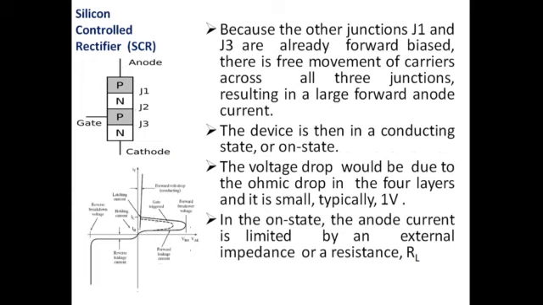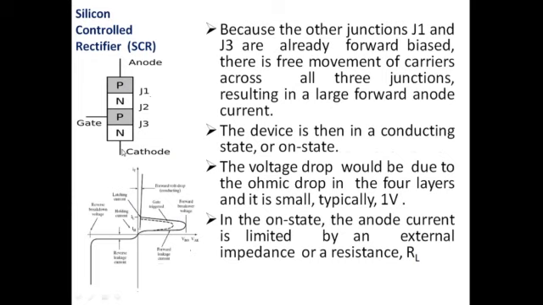Current increases to this point. From here onwards, junction J2 is acting like a closed switch, in the sense that J1 is already forward biased and J3 is forward biased. Now a free movement of carriers is established in J2 also. So all carriers can flow from anode to cathode freely.